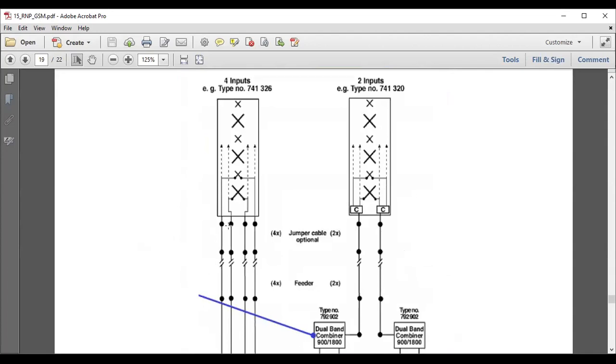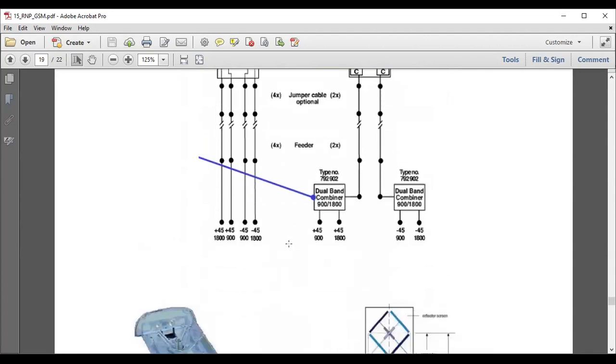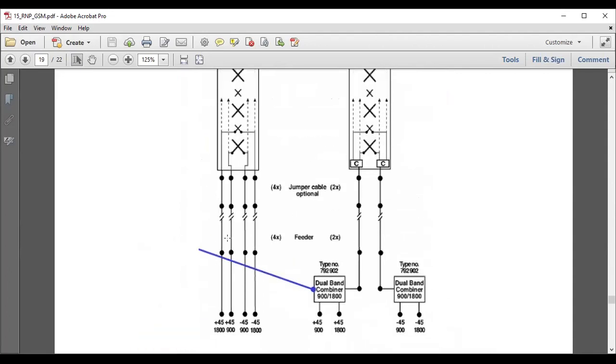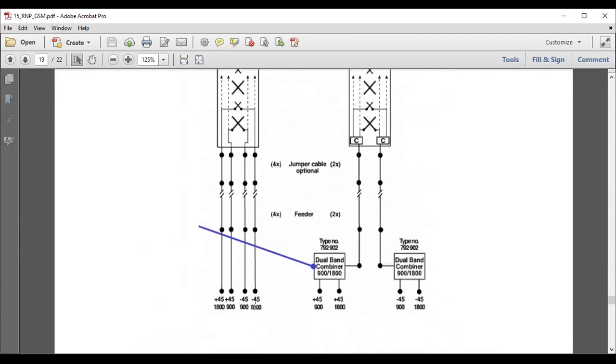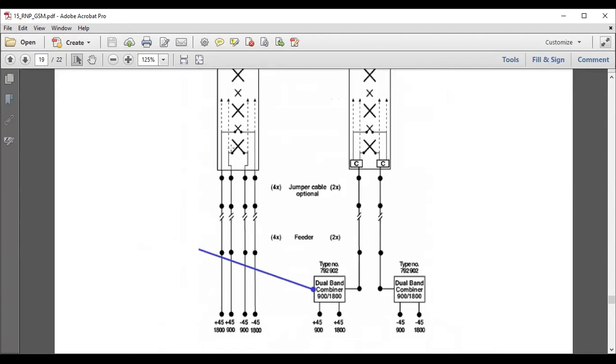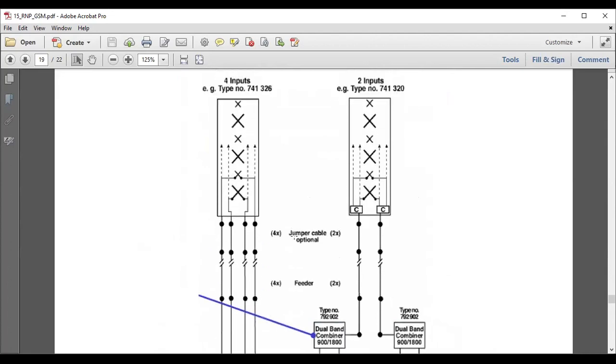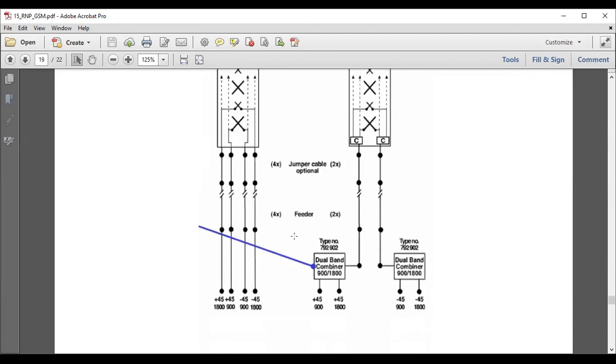Okay, like you have them this way, and you have plus 45 degree 1800, minus 45 degree 1800, then for 900 also plus 45 900. So this way you need connections to the elements. Okay, and the purpose of combine, I mean, you can combine but that detail we may not discuss.